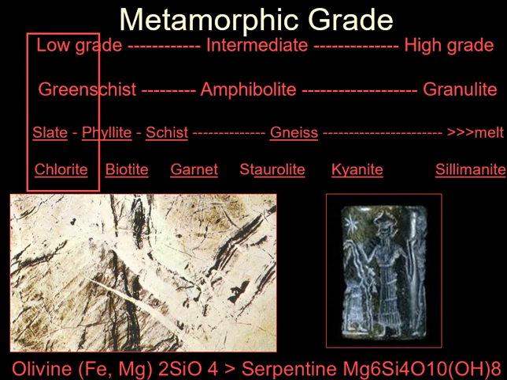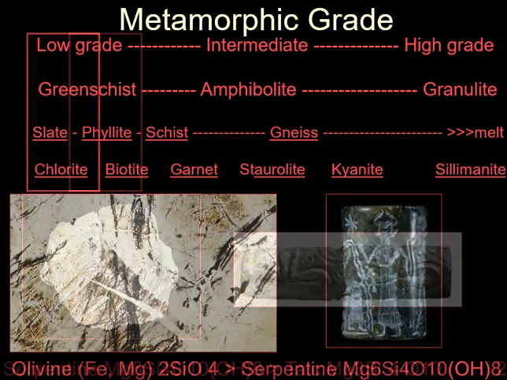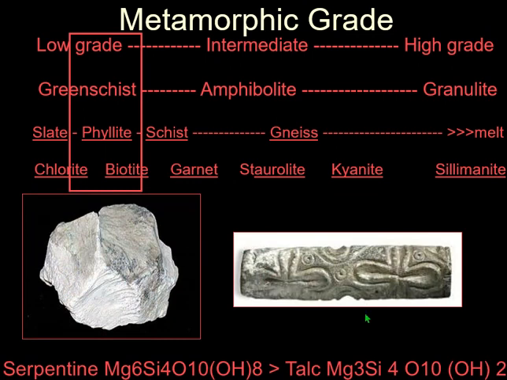Serpentine is a low-grade metamorphic mineral and a metamorphic rock. Talc, again a talc schist, is a very useful material and is typically a metamorphic rock which has been turned into this soft mineral talc.